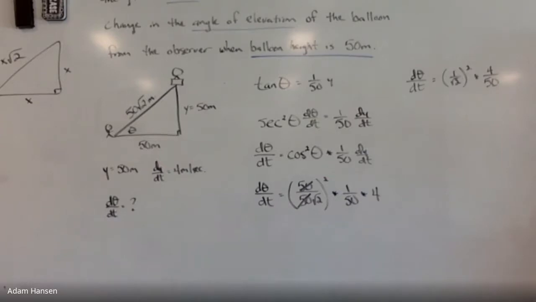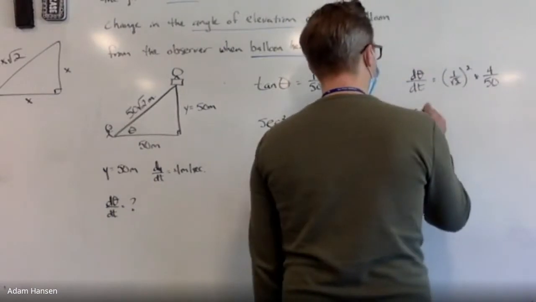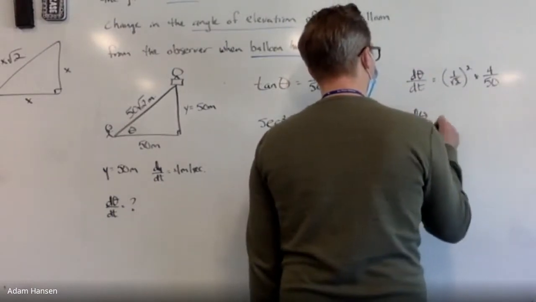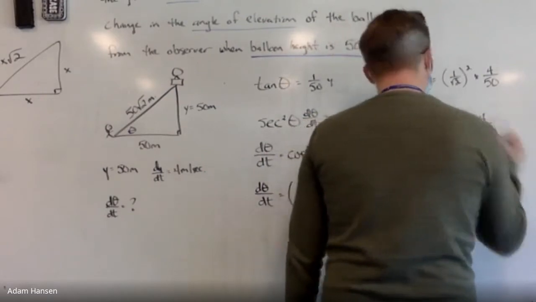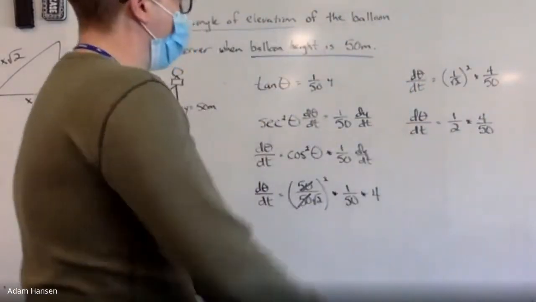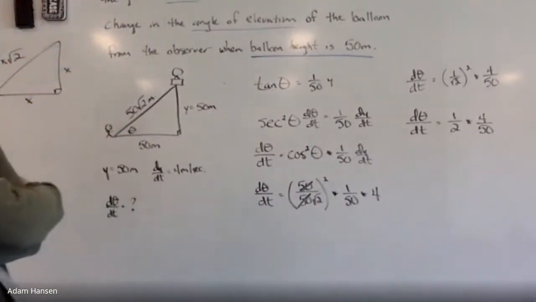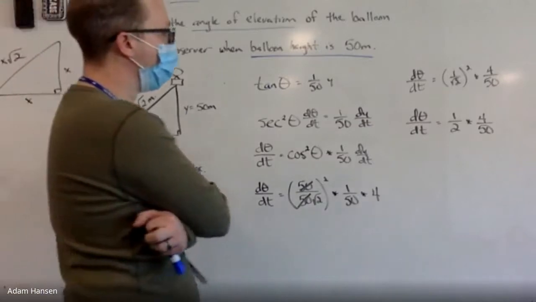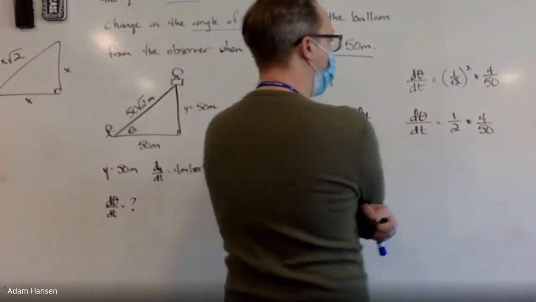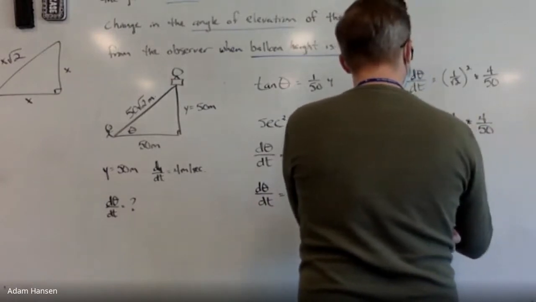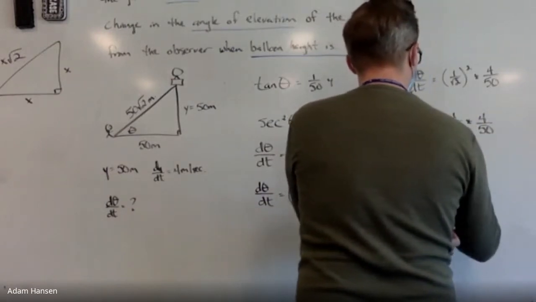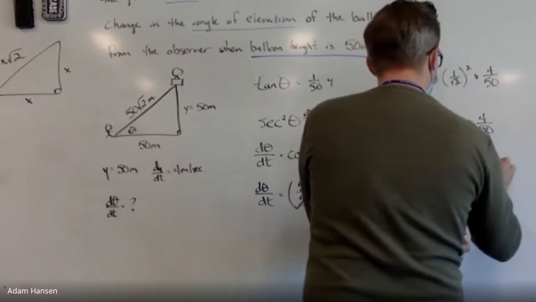The square root of 2 squared would just be 2. So this is actually just 1/2. Half of 4 over 50 would be 2 over 50, or 1/25.